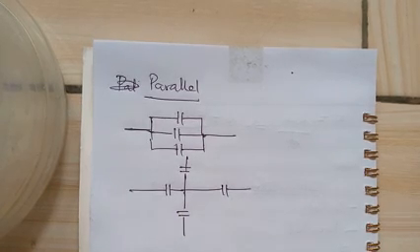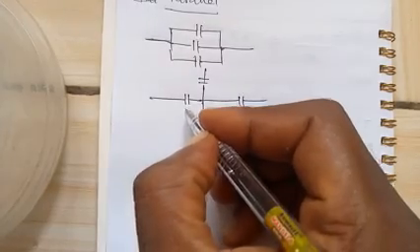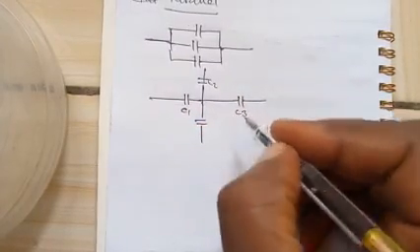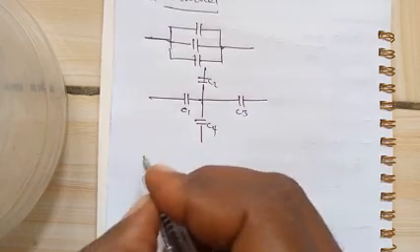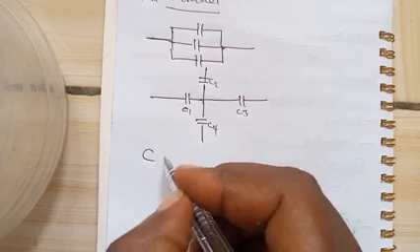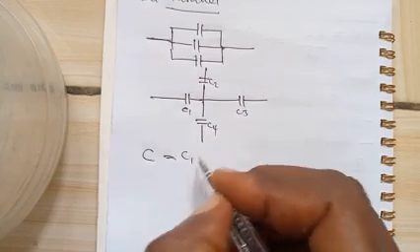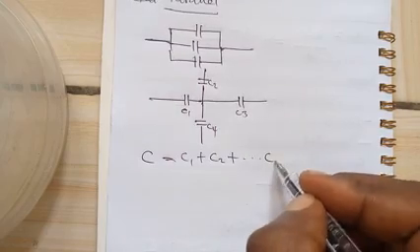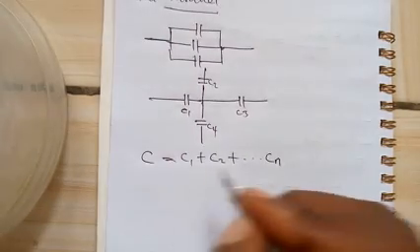You need to note that. So if we call this C1, C2, C3, C4, for us to get the effective capacitance, C total is equal to C1 plus C2 plus however many C's we have in that circuit.